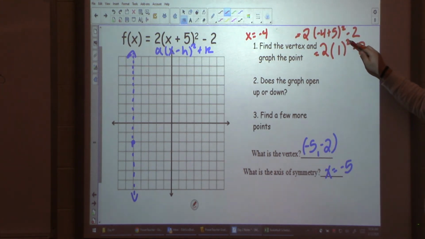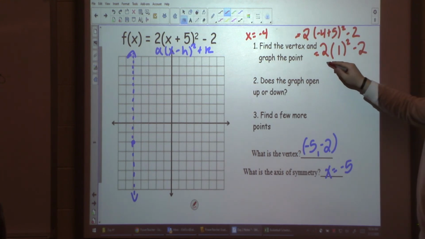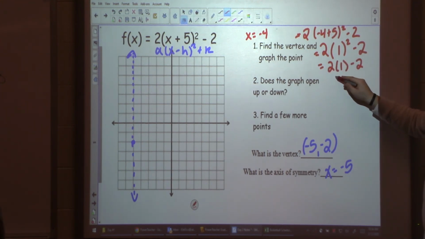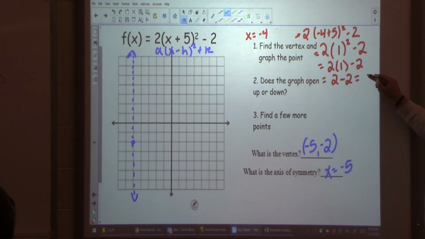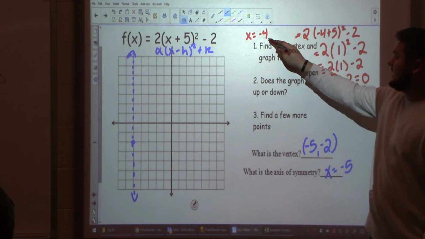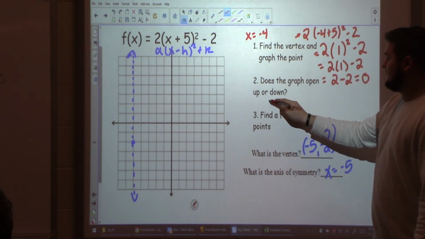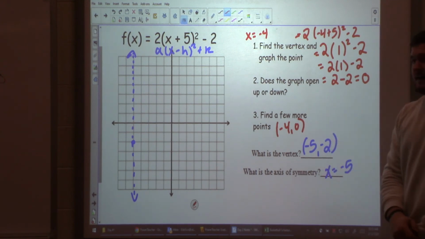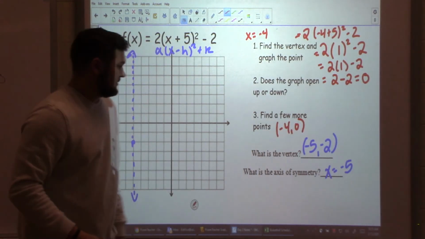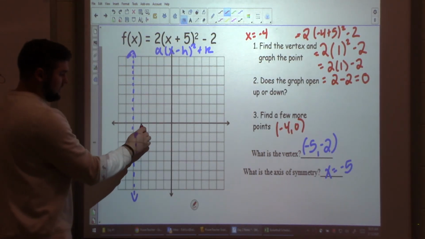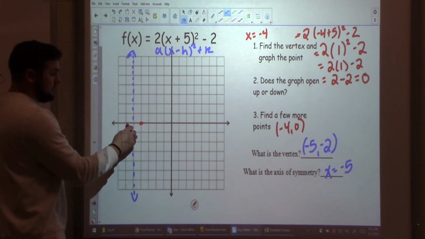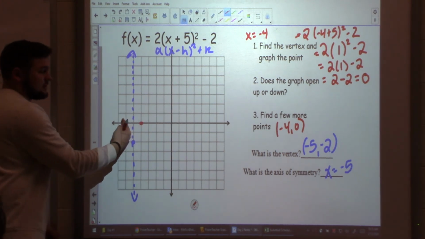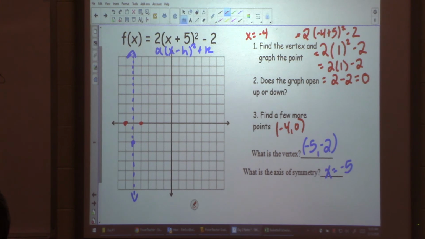What's 1 squared? 1. 2 times 1 minus 2. 2 times 1 is? 2. 2 minus 2 equals? 0. So at negative 4, 0, I have my second point. Negative 4, 0 is my second point, and I can mirror it. Remember, anything across there should be a mirror.